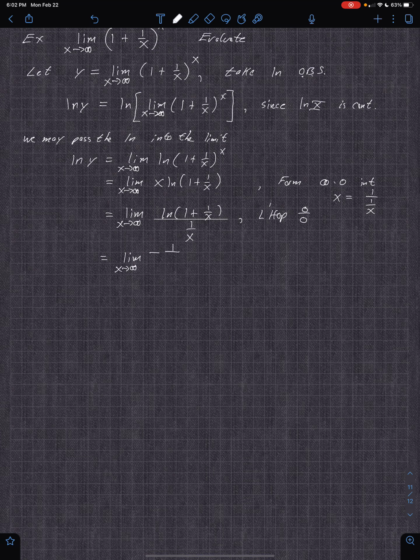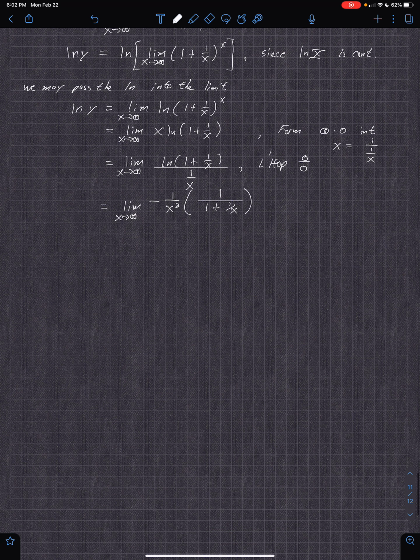So you get negative 1 over x squared is that derivative inside, times 1 over 1 plus 1 over x. So the second part is the natural log, its derivative is 1 over that, and then the derivative of 1 over x is that. The denominator, again, is the derivative of 1 over x. So this is over negative 1 over x squared. And those, of course, reduce. So this and this are the same thing.